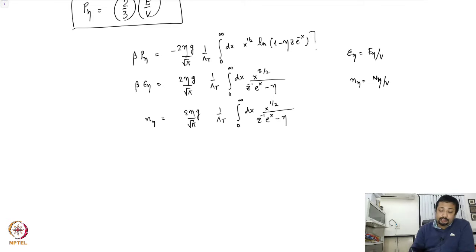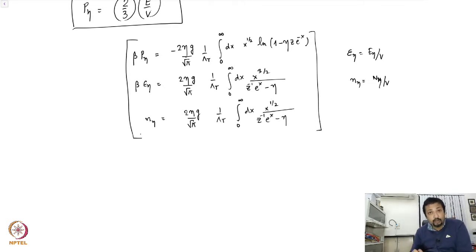But if you look at these expressions carefully, this describes the thermodynamics of an ideal quantum gas, but everything is in terms of the fugacity z. And if I want to obtain the equation of state, I have to determine z from this equation for the number density and replace this over here in this expression.